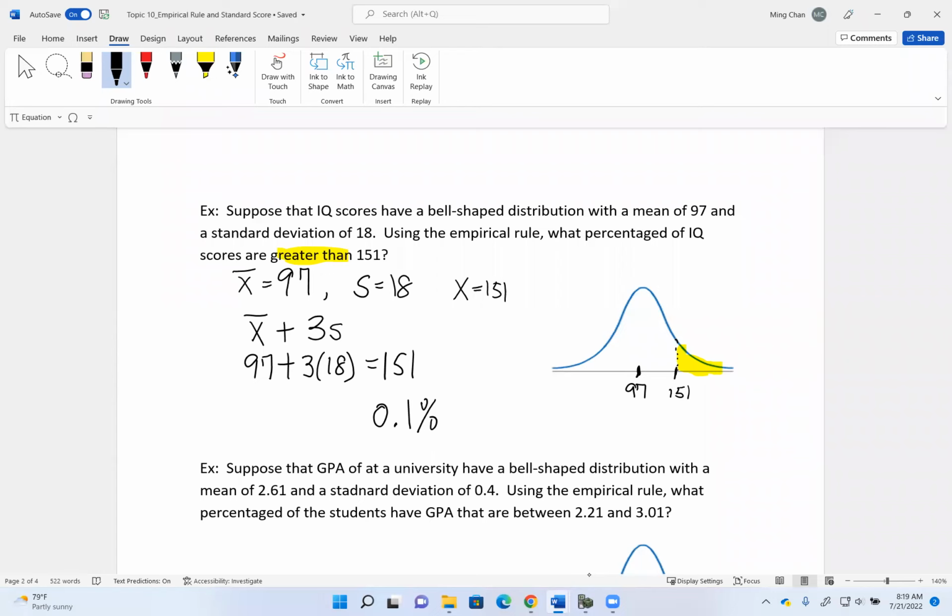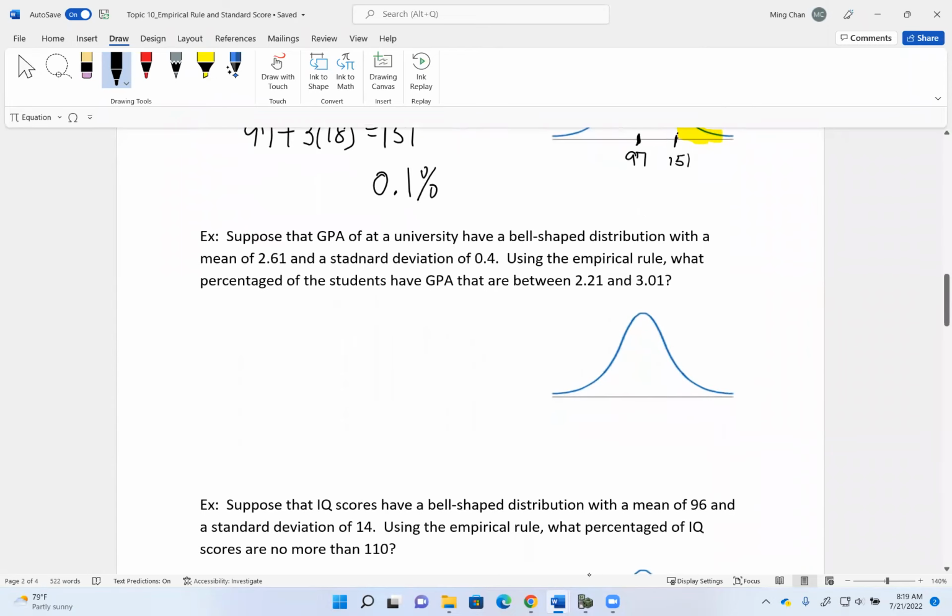All right, let's try another one. Suppose that GPAs at a university have a bell-shaped distribution with a mean of 2.61 and a standard deviation of 0.4.